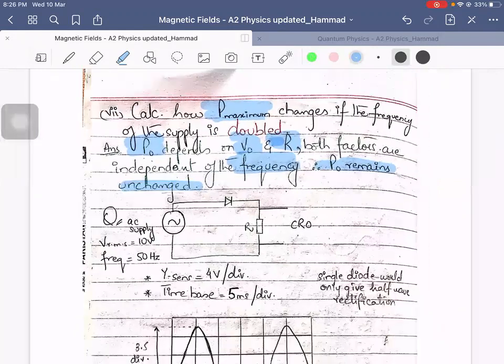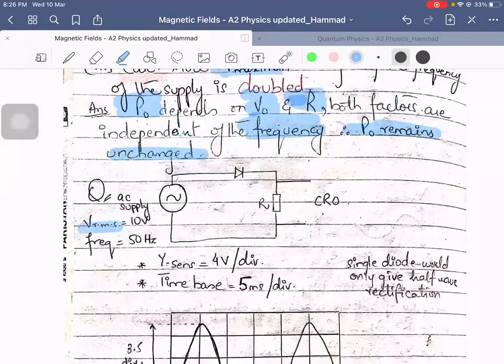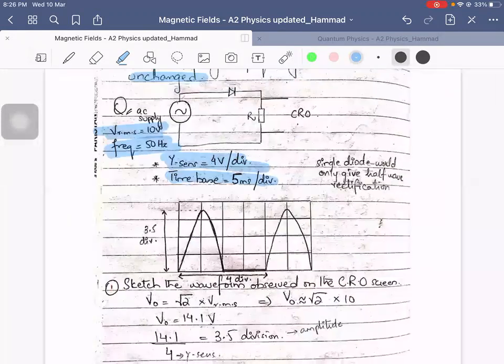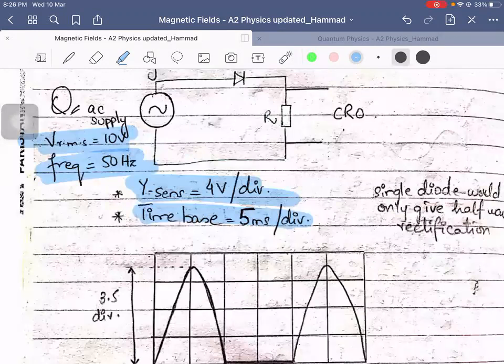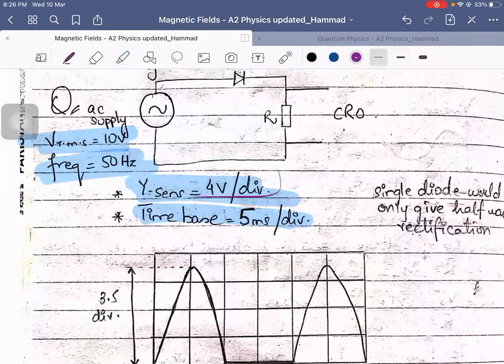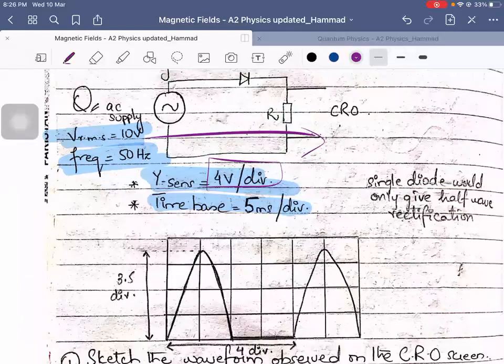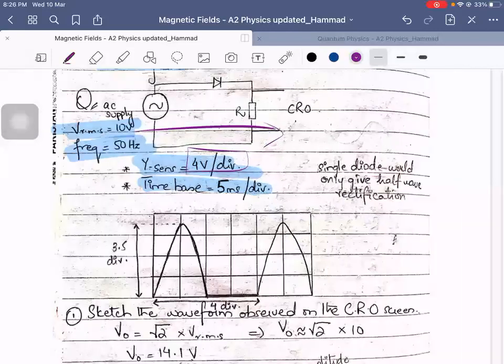Let's say I have an AC supply, VRMS value of 10 volts, frequency of 10 hertz. Y sensitivity is 4 volts per division, time base is 5 milliseconds per division. They're saying sketch the waveform observed on the CRO screen. Please understand that Y sensitivity is 4 volts per division. You can simply work out the value of V naught.